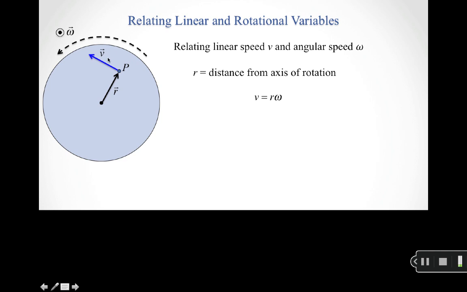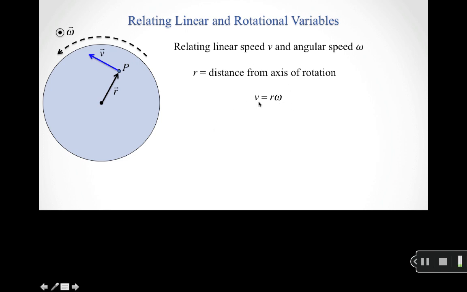And I want to think about the linear speed of my object as it goes around this circle at point P, how that relates to the angular speed at which the disk is rotating. And again, r is still going to be the same distance from the axis of rotation, and I see that the linear speed v is going to be equal to r, that distance, times the angular speed.